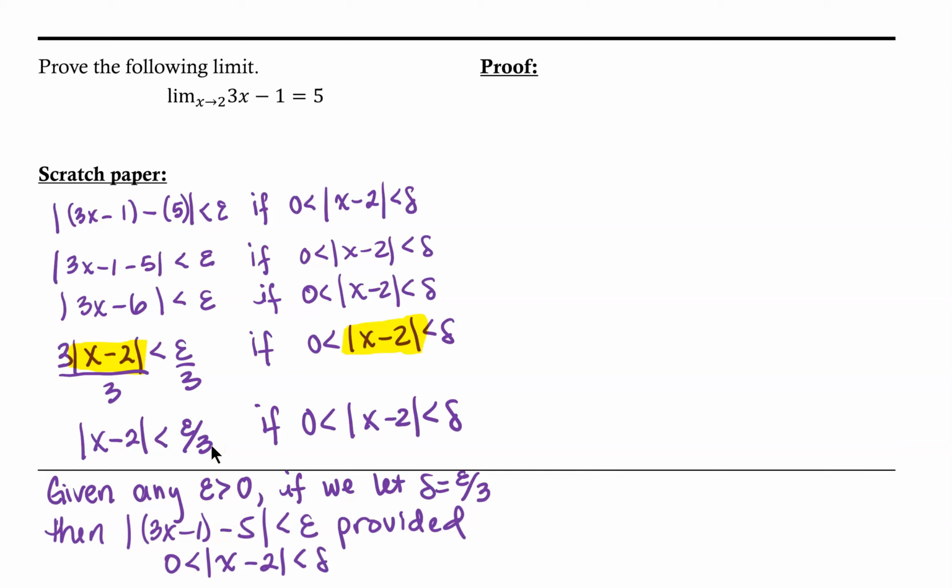Now let's formalize what we've done here on our scratch paper into a more formal proof. So our proof would go something like this. Given any epsilon greater than 0, let delta equal epsilon over 3.